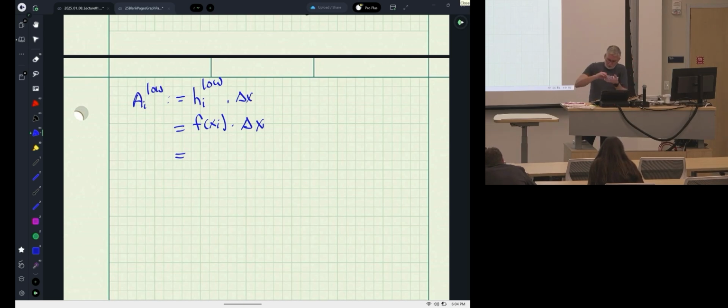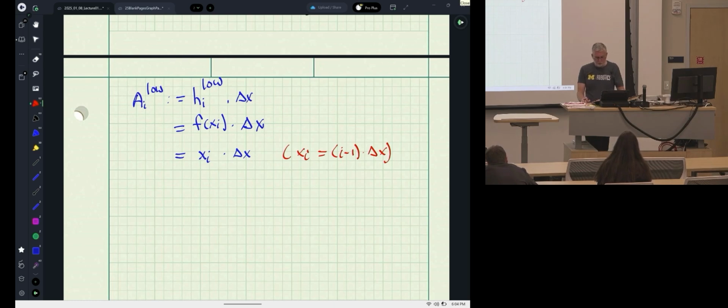Because we're doing a simple triangle with slope 1, f of x is x, so f of xi is just xi times delta x. And we'll remind ourselves that xi is i minus 1 times delta x, and then just write that in. So that's where it comes from.